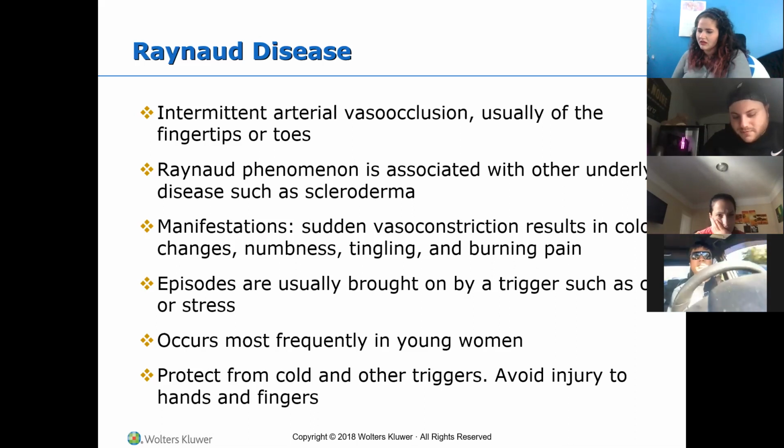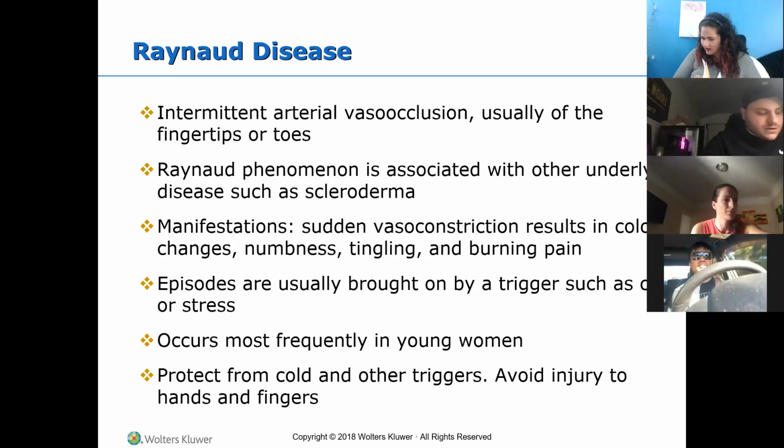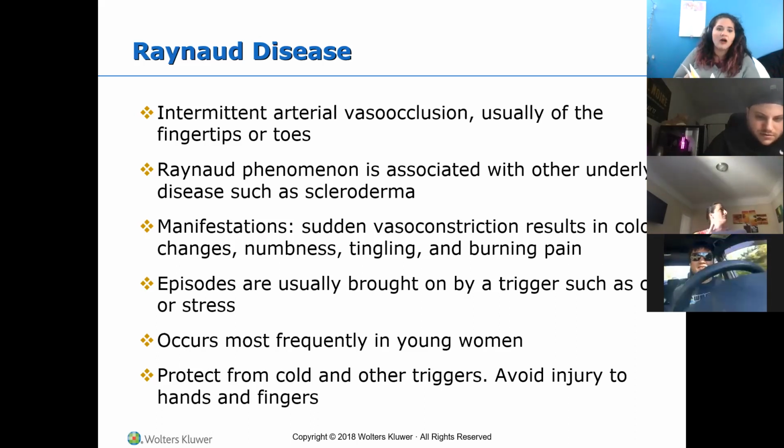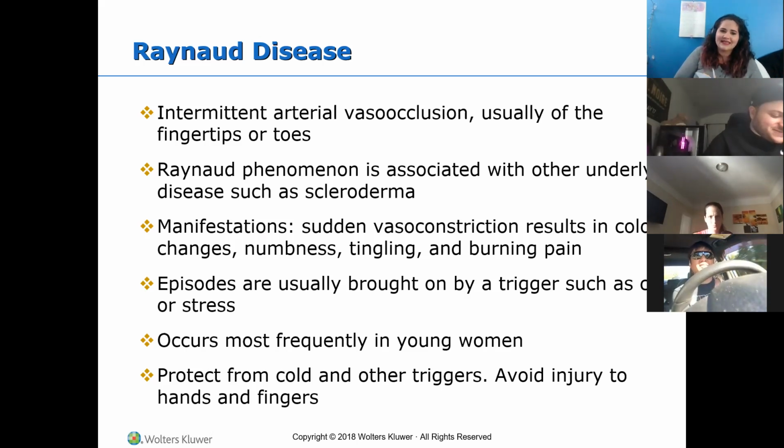Do we have a risk factor slide for this one? I don't think so. I want to know what causes it. Oh, it's Reye's syndrome, and this is Raynaud's disease/phenomenon. That's different. It's just a different disease, Adam. Yeah, I think this is in everybody, and the other one's just in kids.